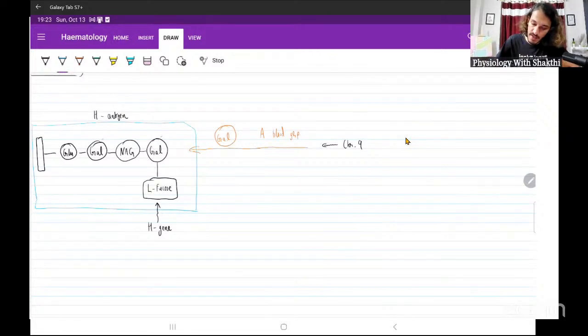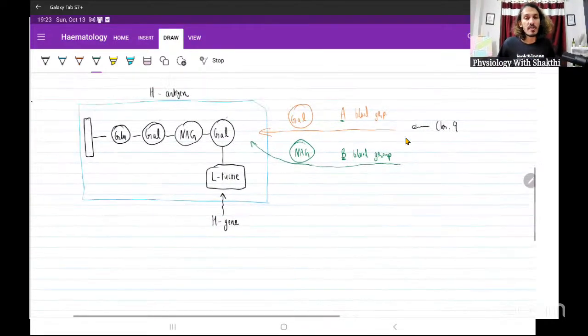Instead, if a person, in the same location, you add another N-acetyl galactosamine, that person becomes blood group B because of the presence of B antigen. So we have A antigen, we have B antigen.